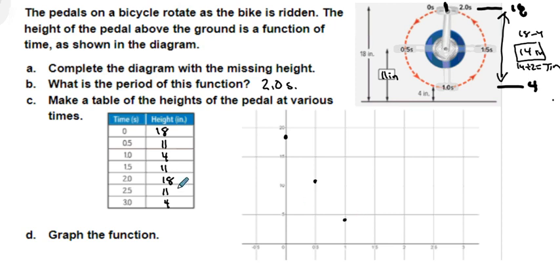Then at 1.5 seconds, we're back up at 11, just a little bit above. And then at 2 seconds, we're at 18. That's about right here. At 2.5 seconds, we're at 11, back here again. And then at 3 seconds, we're back at 4.